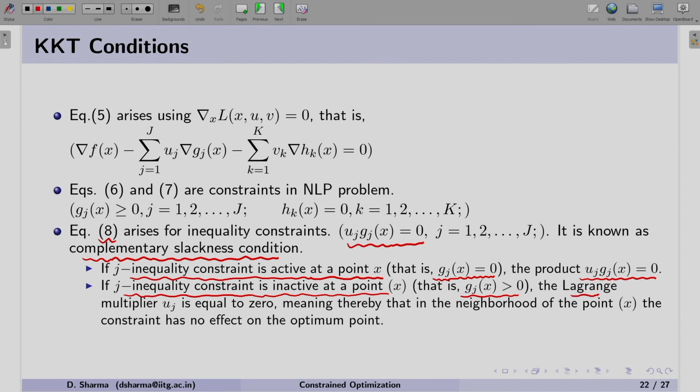So, at that particular point, the Lagrangian multiplier Uj is equal to 0, meaning thereby that in the neighborhood of the point x, the constraint has no effect on the optimum point, and this is what we discussed earlier. If the constraint at a given point is not active, meaning that this constraint is not going to affect our optimum solution, then we should make our Lagrangian multiplier Uj equal to 0.